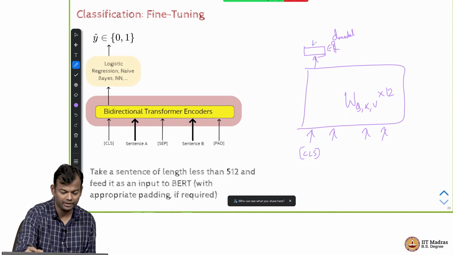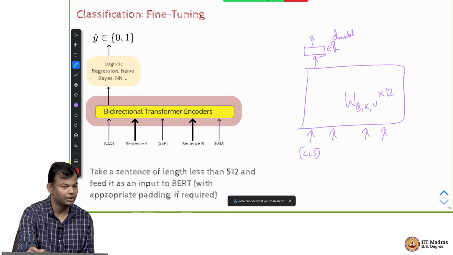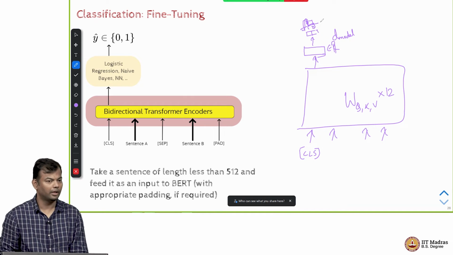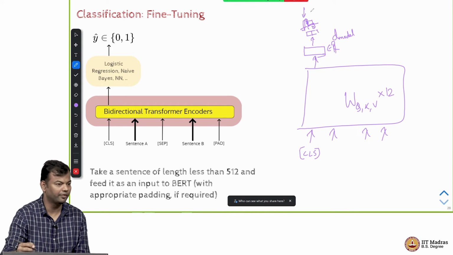Now on top of this I could just have a softmax layer which first converts this into a two-dimensional representation, 1 and 0, and then I compute a softmax over this. Then I just want to maximize the probability of the correct class.